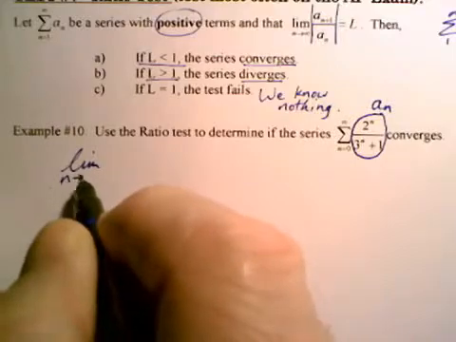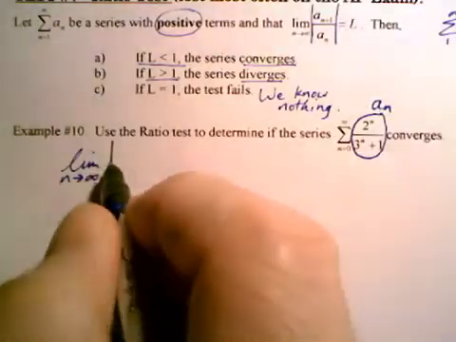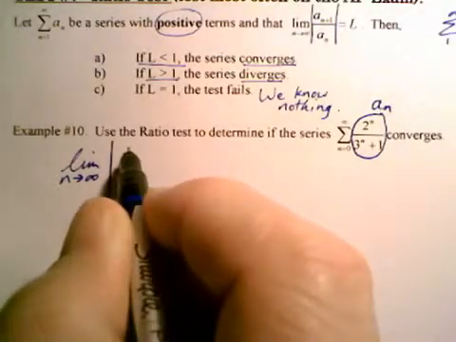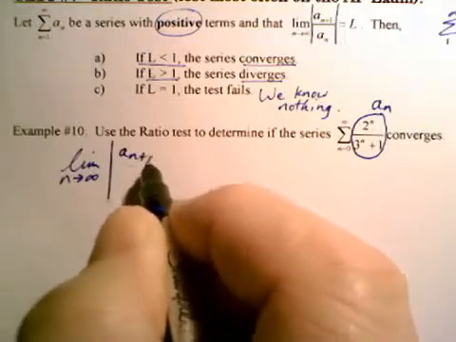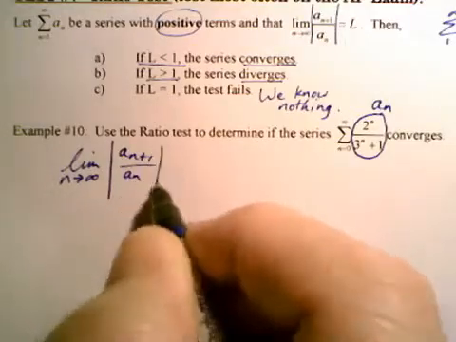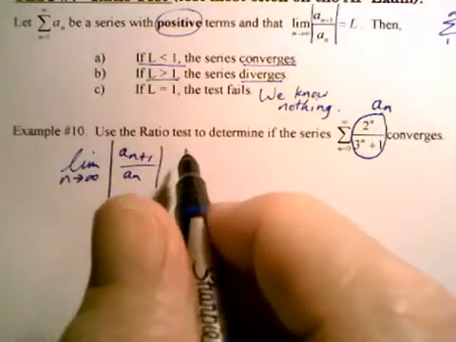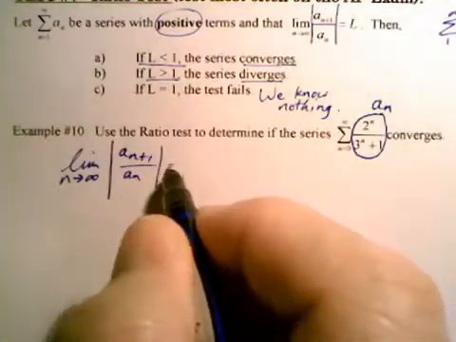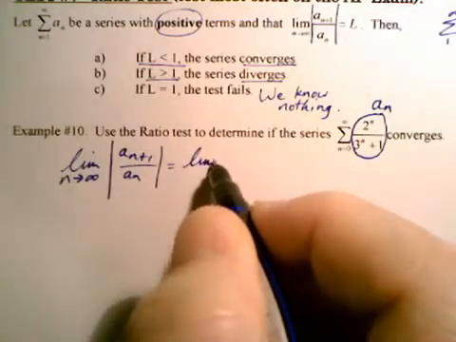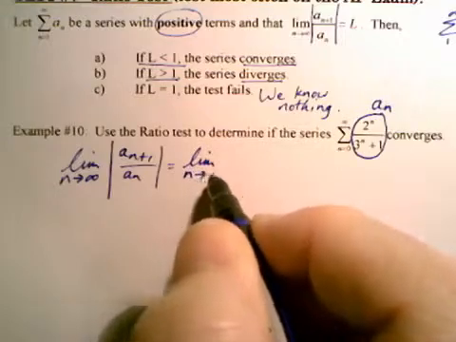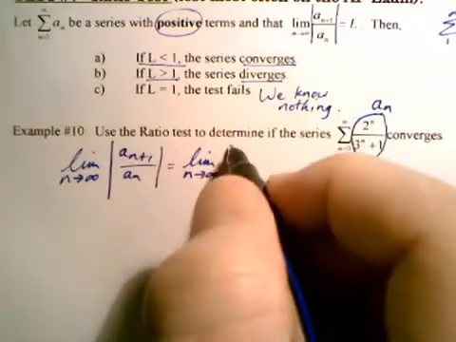The limit as n approaches infinity of the absolute value of a sub n plus 1 over a sub n. I'm going to write it in here. I don't normally do this, but for the first time, it's a division right there. First time I'm going to write it, equals the limit as n approaches infinity of the absolute value.